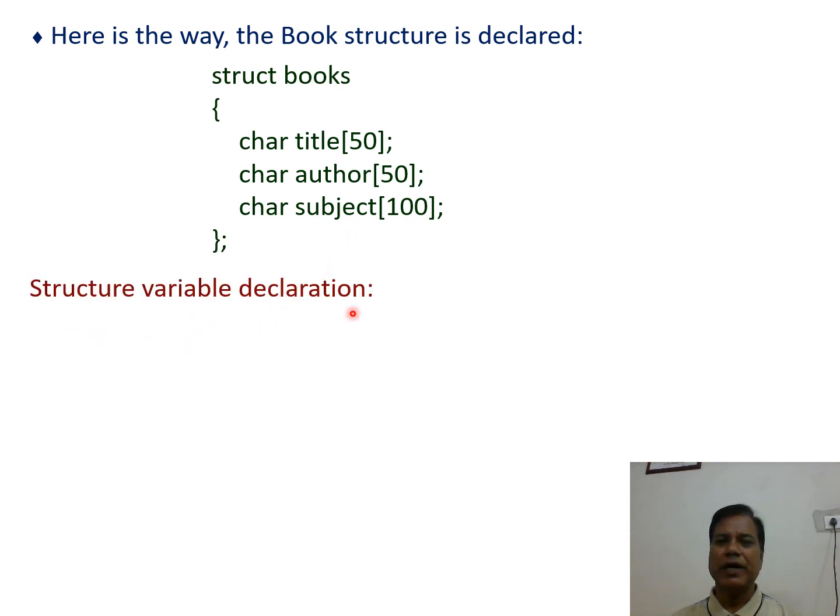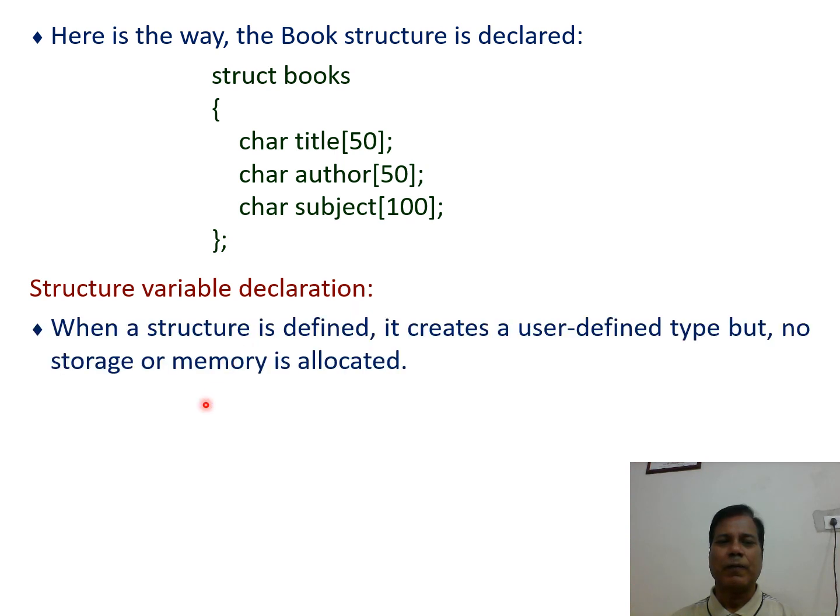A structure variable declaration. When a structure is defined, it creates a user-defined type, but no storage or memory is allocated. That is, here we are declaring a structure. Its name is books.